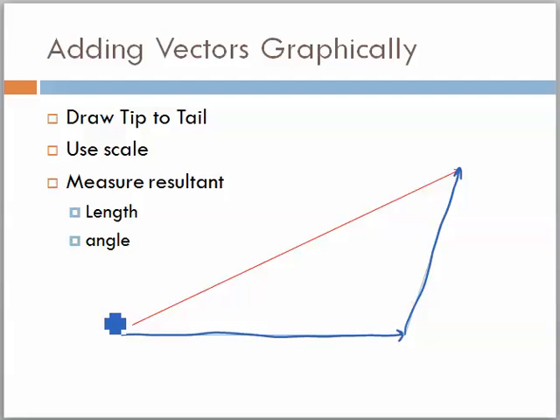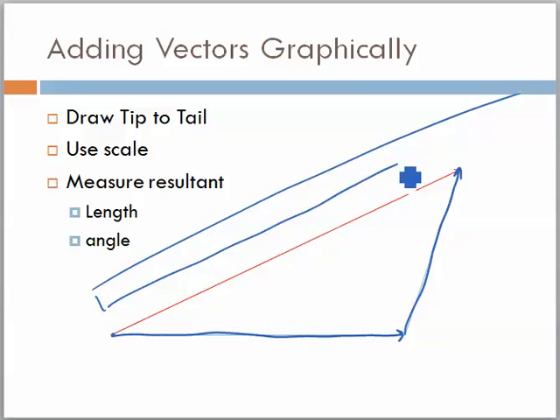We could put our ruler on next to it, and I could measure it, and I could say that maybe it's 1, 2, 3, 4, 5, 6, 7 point, let's say 5 centimeters.